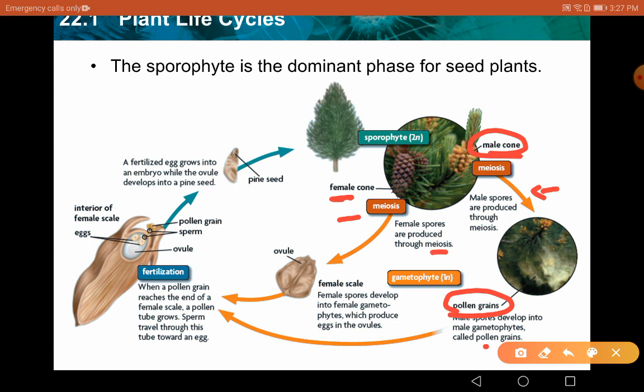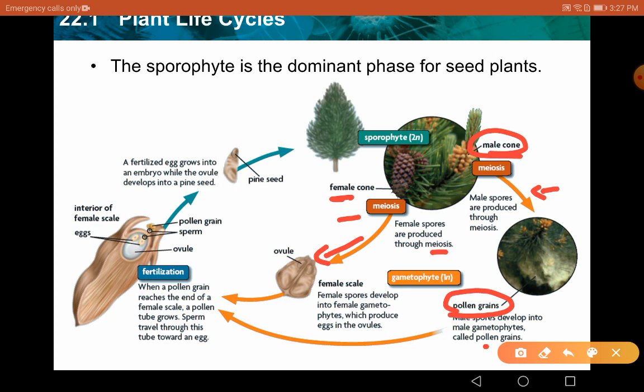The result will be the formation of a female structure called the ovule. I'm going to explain the scales using a picture after finishing. The female spores develop into female gametophytes, which produce eggs in the ovule.